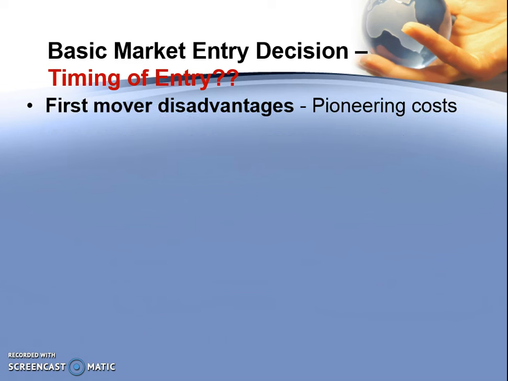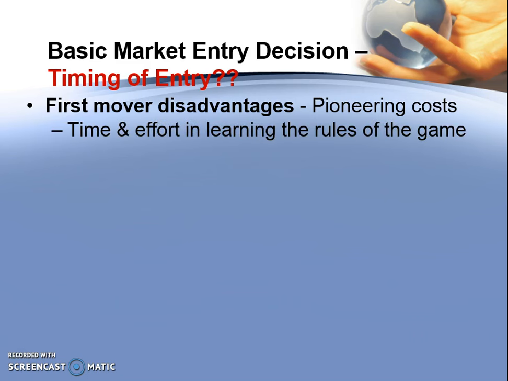However, there can be disadvantages also associated with the first movers, and a primary disadvantage is that the company has to bear the pioneering costs. Like, the firm has to devote considerable time, effort, and expense in learning the rules of the game. Then there are certain mistakes which the company can commit due to ignorance.